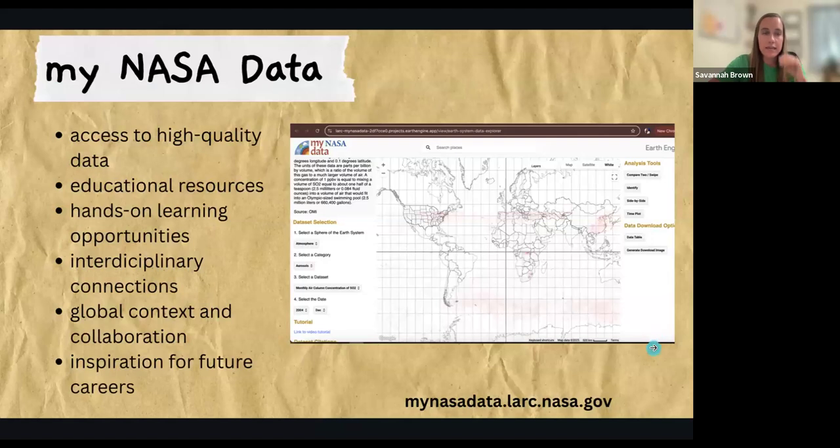So, first is My NASA Data. So, like I said, this is real data from NASA, gained from satellites, different missions, and research initiatives. And the focus is for students to understand Earth's climate, atmosphere, and environmental changes.